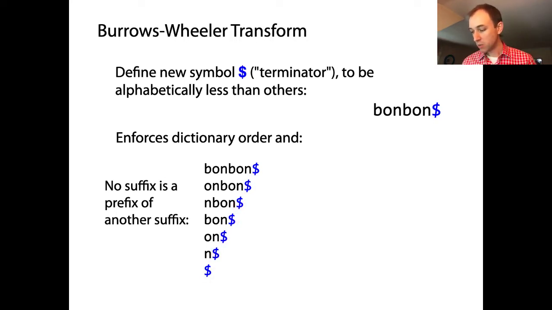Even if without the $, one is a prefix of another, as we have here and here, when we go comparing the characters, we are guaranteed to break the tie as soon as we get to a $ in one or the other. Okay. So in some sense, it enforces dictionary order without us having to have a special rule, right? If there was "as$" and "ash$", and we knew that $ came before A, we would know where to find them in the dictionary.